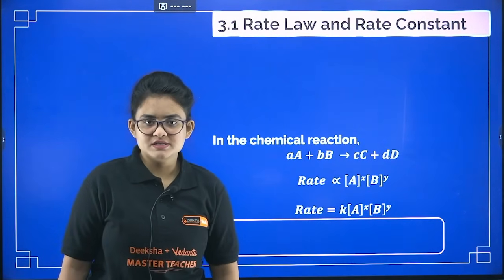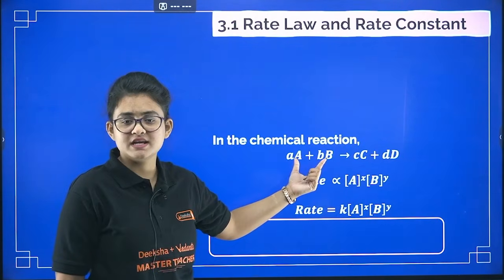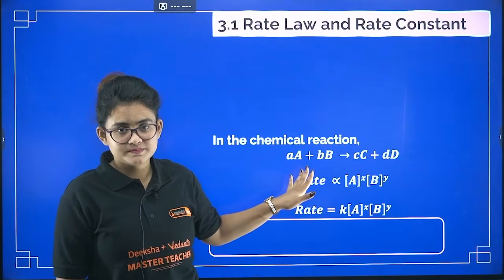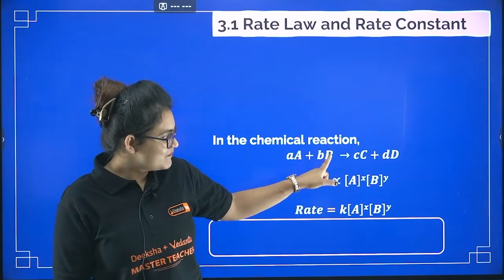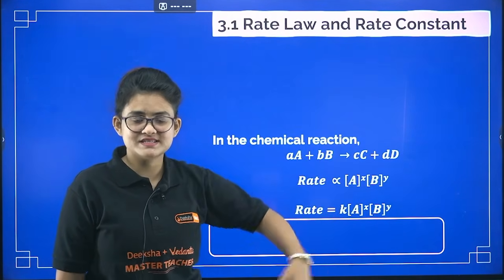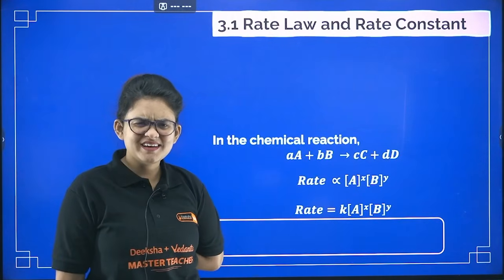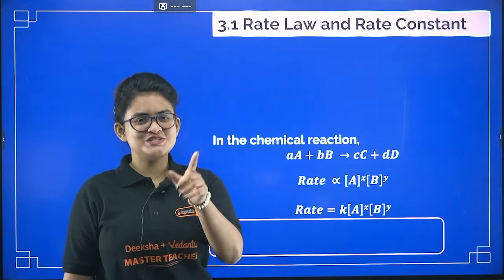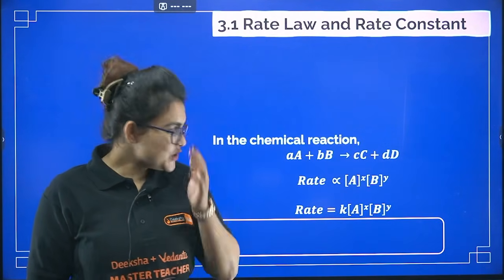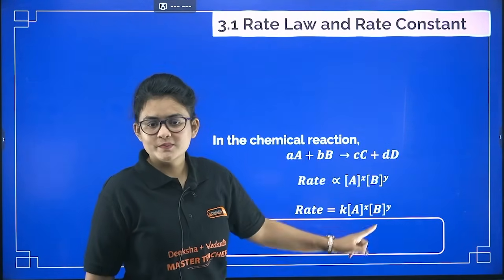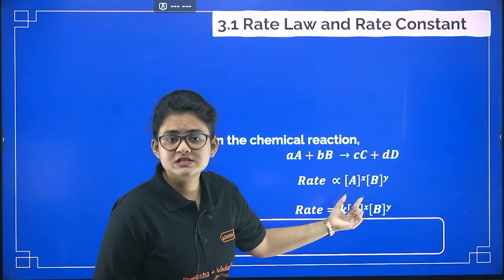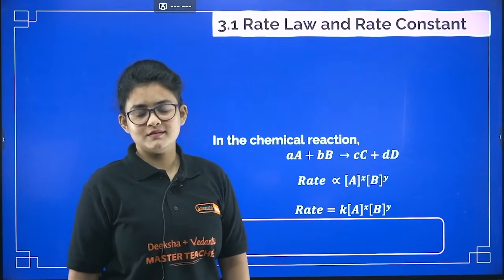Now again I'm doing some experiment for this reaction. Now I'm keeping the concentration of A fixed, and I'm doubling the concentration of B. But here I observe there is no change in rate. Yes, that also may happen. So B power 0, the y value is 0, which means the rate does not depend upon B at all.